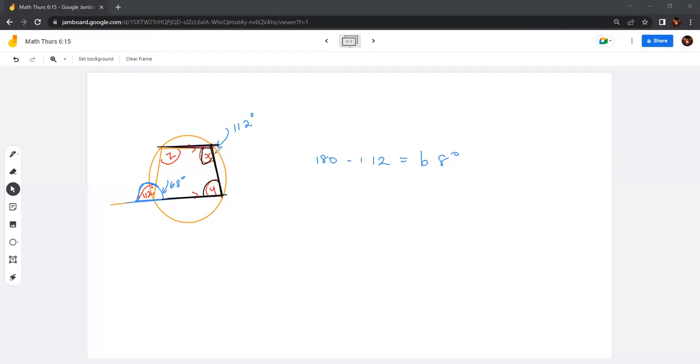So if here is 112, it means that here would be 68 degrees, right? Because 68 plus the 112 will be 180. And then these angles here are opposites. Opposite angles are supplementary, so that means that this angle here is also going to be 112 degrees.